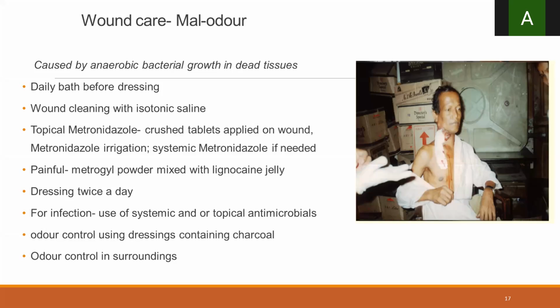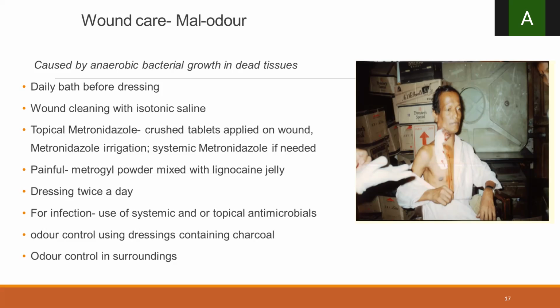Wound cleaning with isotonic saline. Topical metronidazole is used. What we generally do is crush the tablets, keep them in an airtight container, and that can be sprayed over the wound. Many times the IV metronidazole that comes in small bottles can also be used to irrigate the wound.